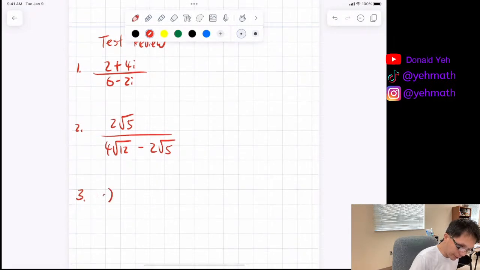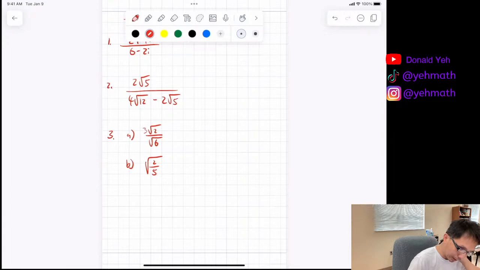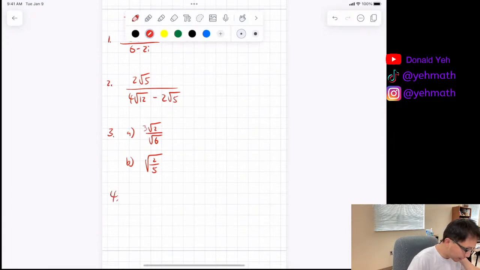You've got to rationalize something simple. All those are rationalized. You have all this rationalization. And you might have to deal with radicals.